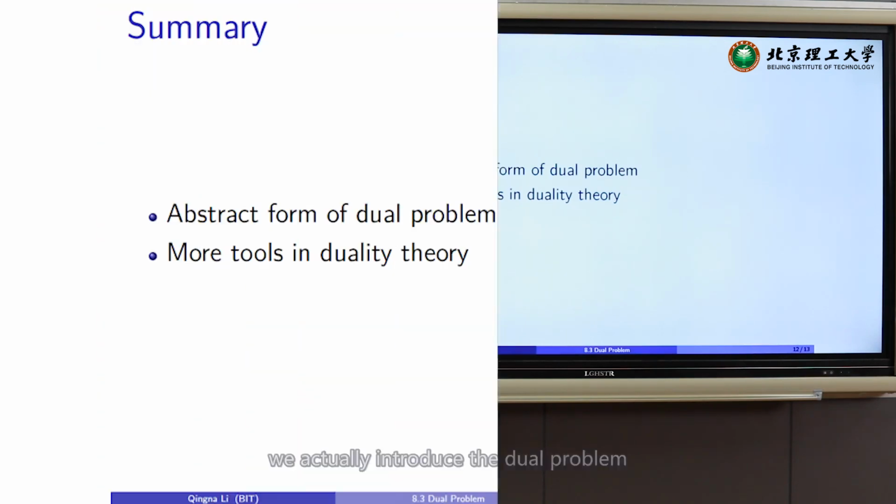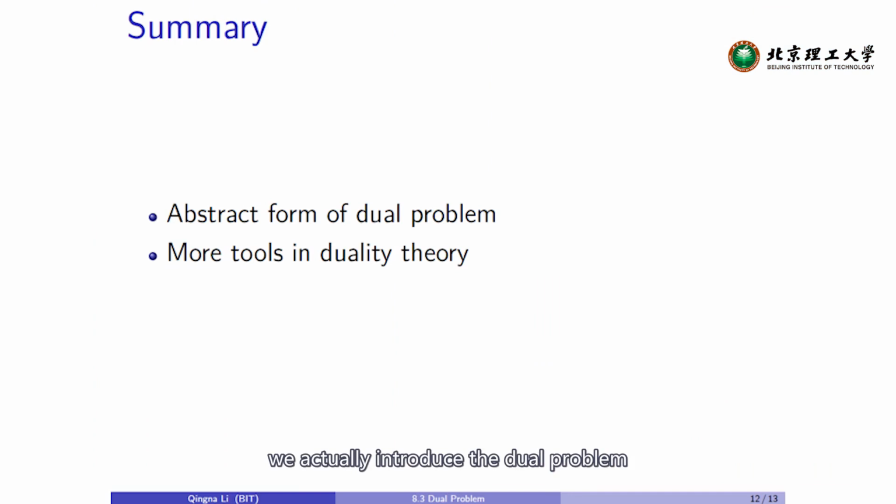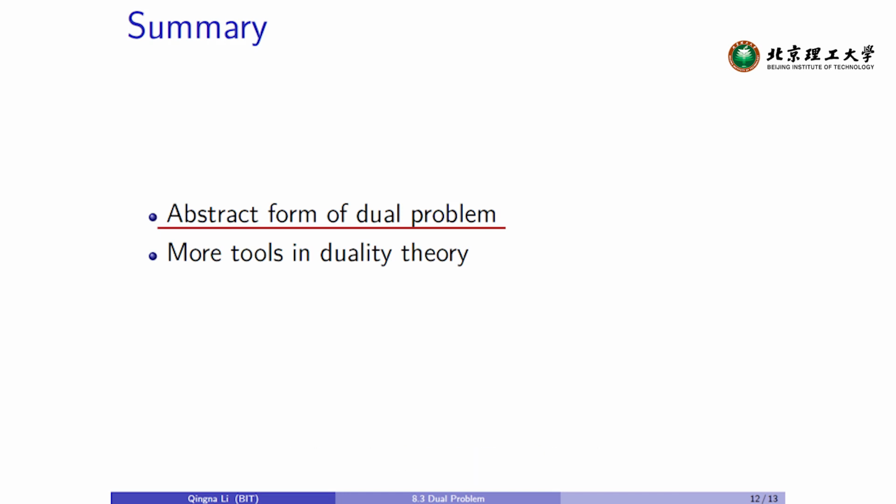In this part, we introduced the dual problem from the abstract point of view, and we demonstrated with a quadratic example how to derive the dual problem using the abstract form. Finally, we also introduced the indicator function and conjugate function for future use to derive complicated optimization problems.